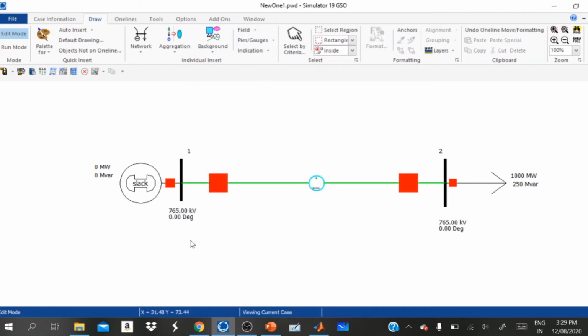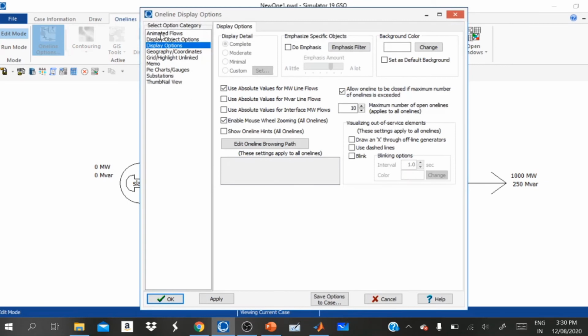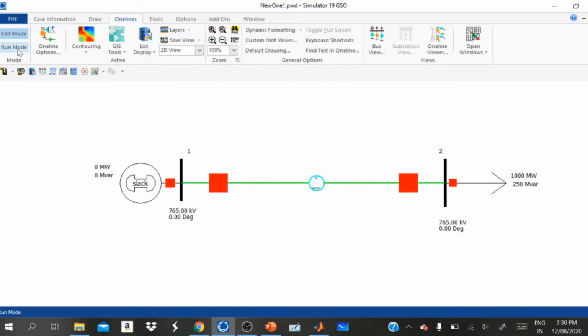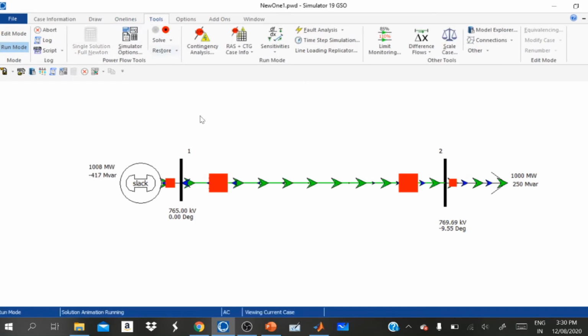So this voltage and angle are always fixed. When the load changes, only the voltage at bus 2 and the angle at bus 2 will change. Now we can run our model. Go to online. I want to visualize both active and reactive power flow in the transmission line. So go to run, tools, run.